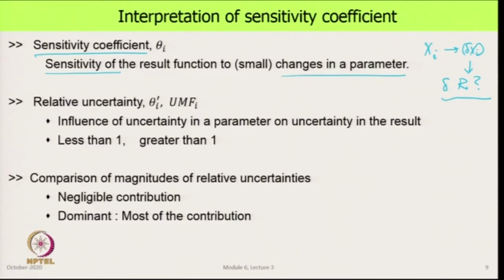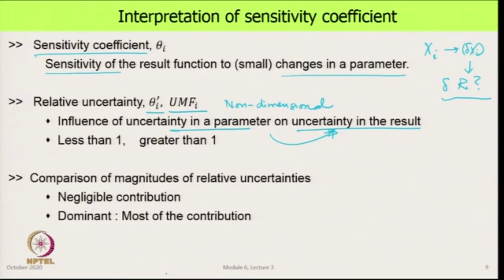Then relative uncertainty. The symbol is theta_i prime, or uncertainty multiplication factor, UMF_i. Now, this, remember, is non-dimensional. It tells you the influence of the uncertainty in a parameter on the uncertainty in the result. We will see that in a minute when we write the full expression.